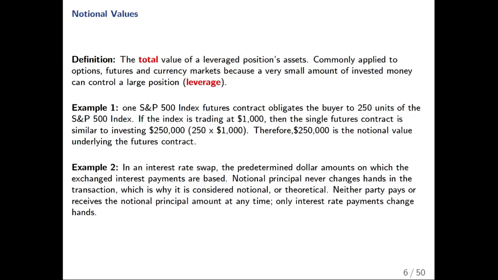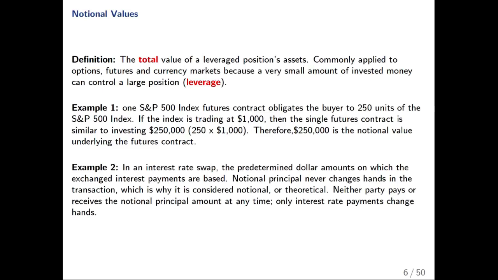Another example, if you think about an interest rate swap. A vanilla interest rate swap is usually a fixed for floating interest rate swap, written on some notional amount. So the notional amount may be $100, for example, and the fixed payer might be paying a premium of 5%.